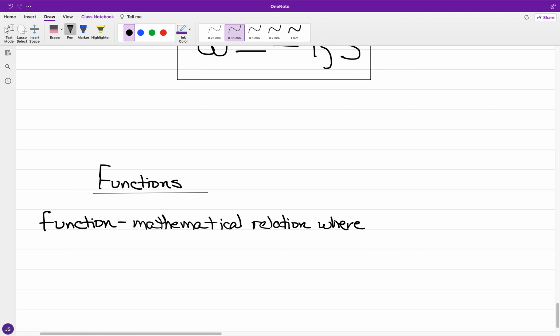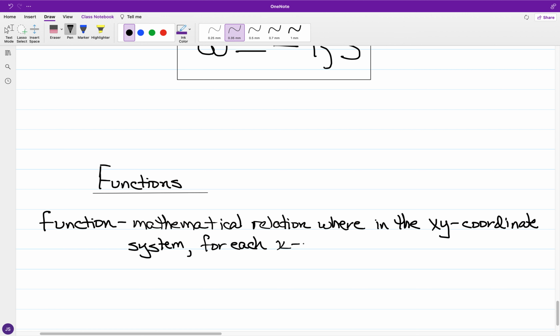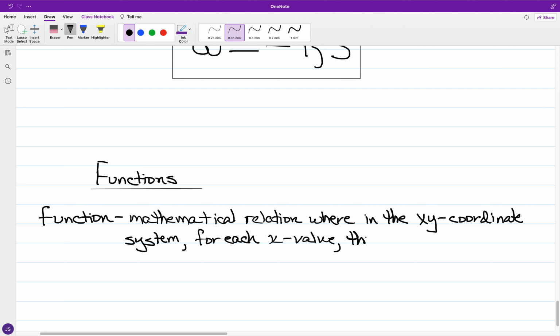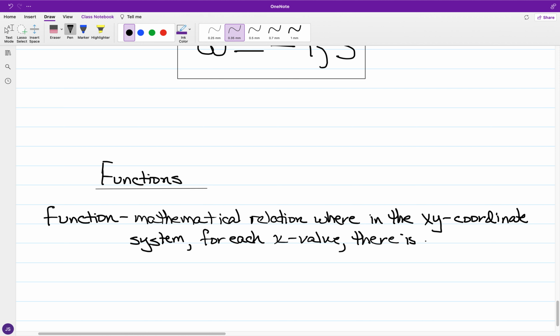So for a function, you have a mathematical relation where, in the XY coordinate system, for each x value, there's going to be one and only one corresponding y value.